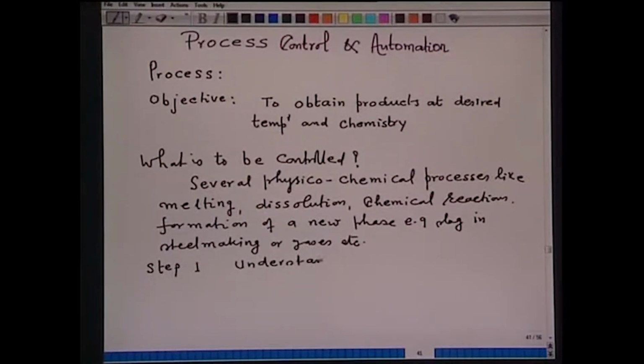Here we have to understand the process with reference to quantification of the process. Then we should be able to identify the role of all the physico-chemical processes which are responsible to convert reactant into product. That is the understanding in terms of quantification of the physico-chemical processes.